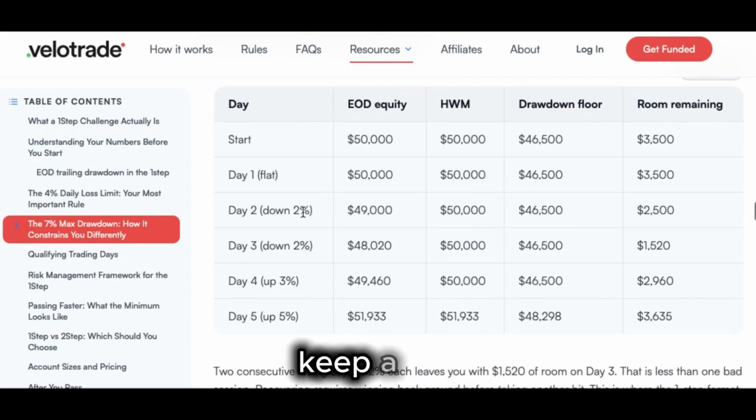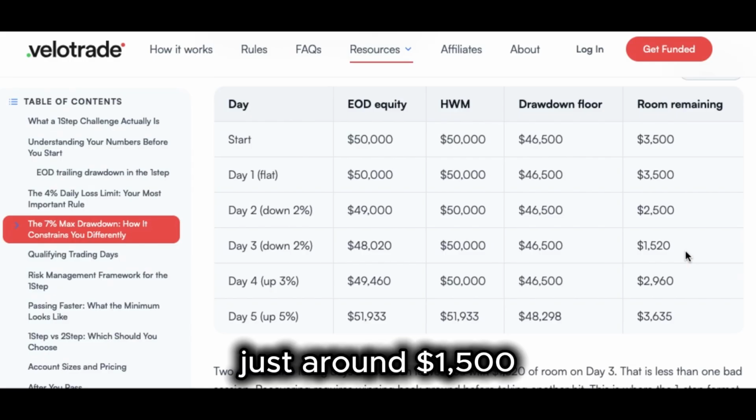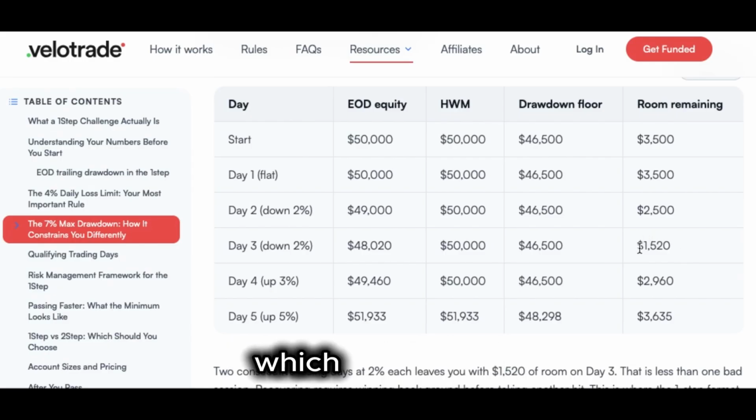So if you keep a risk management strategy of a 2% maximum loss, and you have 2 days in a row with that type of loss, you still have around $1,500 of room in your account, which keeps some buffer to allow recoveries.